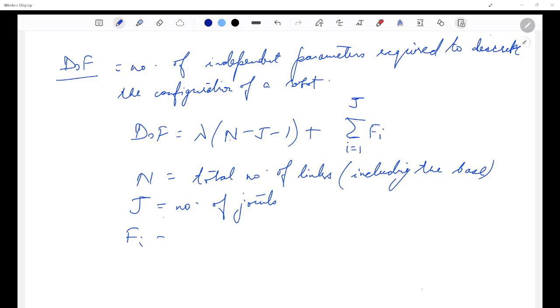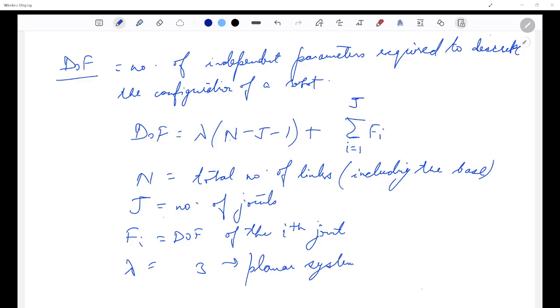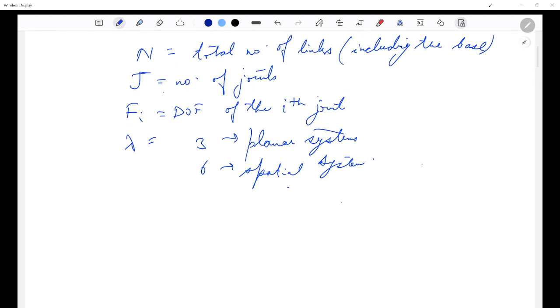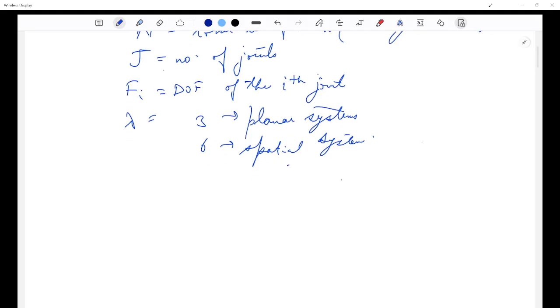Fi is the degree of freedom of the ith joint, and lambda is 3 for planar systems and 6 for spatial systems. Right. So this is how we find out the degree of freedom.